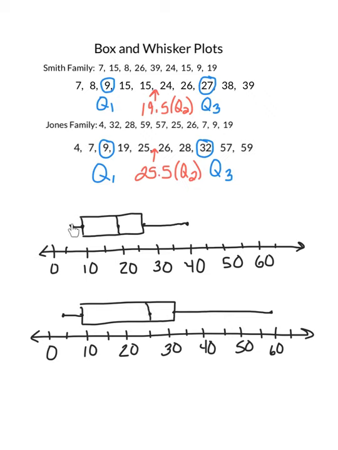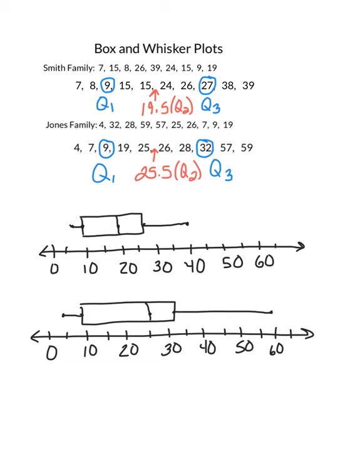The youngest person for the Smith family was 7, whereas the youngest person for the Jones family was 4 years old. The oldest person at the Smith family function was 39, where the oldest at the Jones family is 59. You can also notice that this is less spread out than this. So the age ranges for the Jones family range more than for the Smith family.